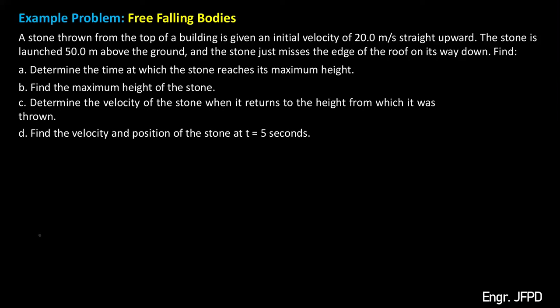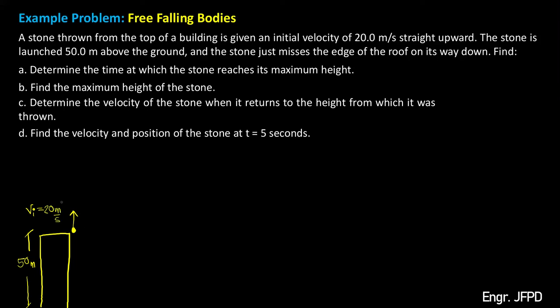Let's say that this is our stone, and initially this is 50 meters from the ground. And this is thrown straight upward, wherein the initial velocity is equal to 20 meters per second.